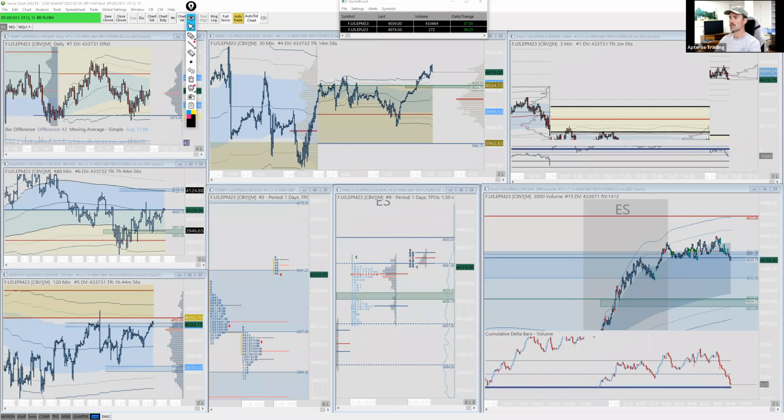Into almost delta neutral. There's the official market profile taking out the poor low. There's actual delta neutral. At this point, intraday condition is rotational. If we're long here, it's a compromise of DVA.